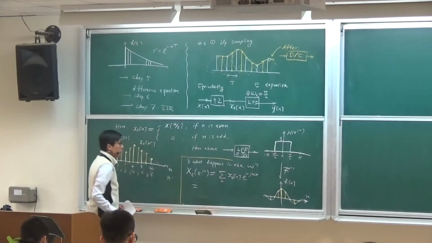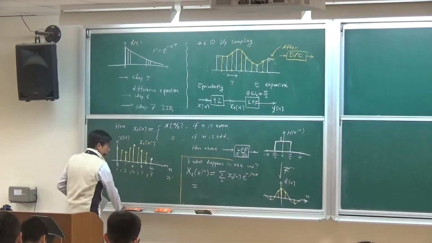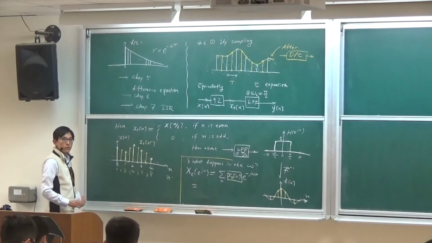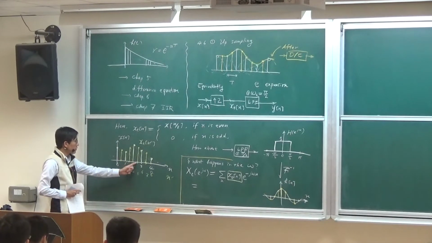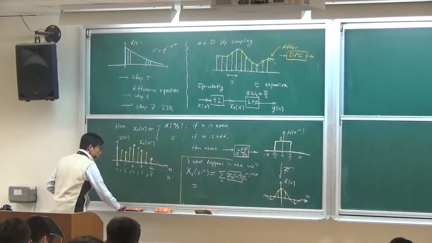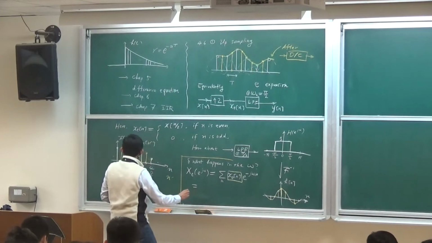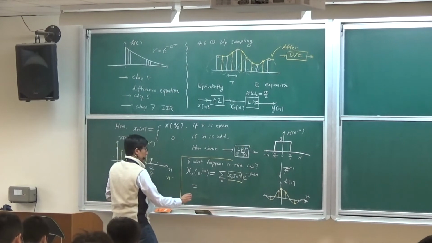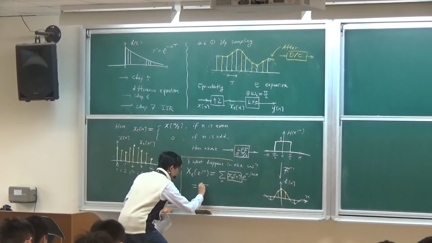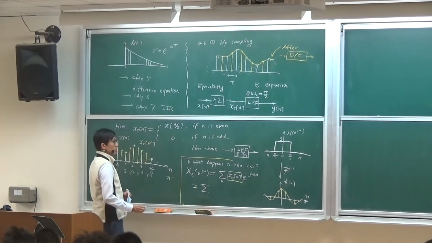But then, we know that x_e of n, the green thing here, has non-zero values only at even numbers. Only at even numbers. For all the odd numbers, it's still zero. So we can change the summation index.